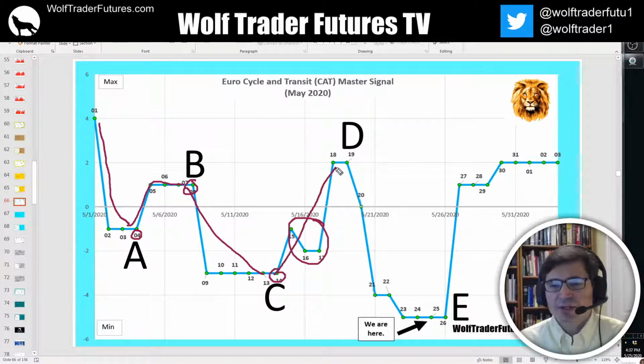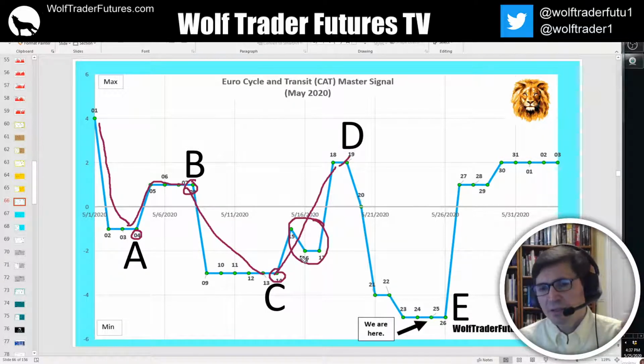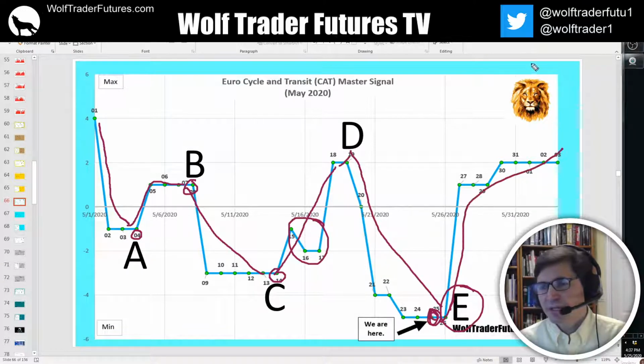You just went from here to here, from C to D. And again, that's the only tricky part about reading these, that over the weekend you ignore it. If it goes into a sell and then a buy over the weekend, it just stays long. And then it went down into E like this, and now it should have a sharp rise. This is the 25th here, and it should have this sharp rise towards the end of the month.